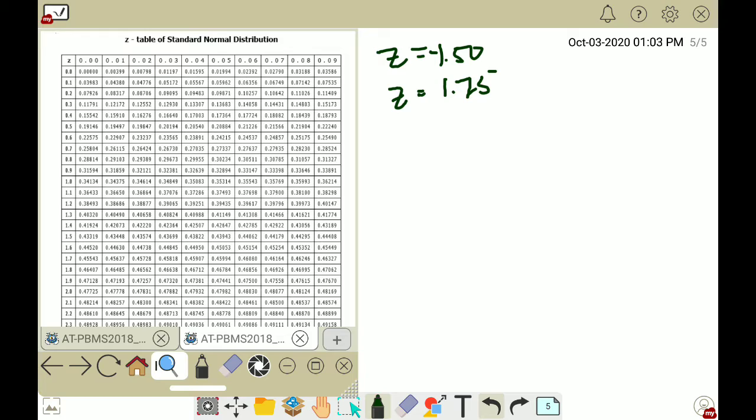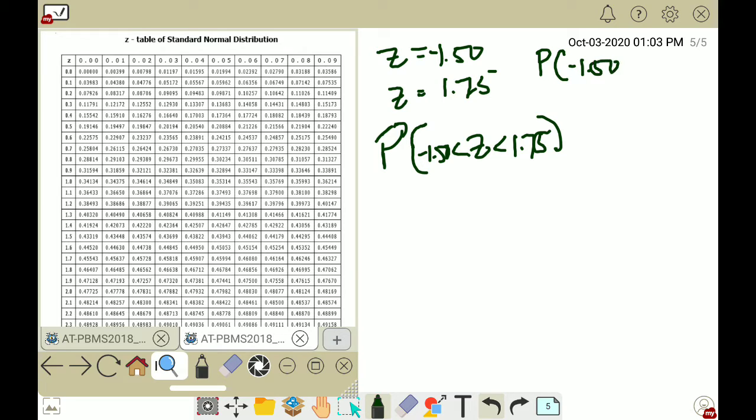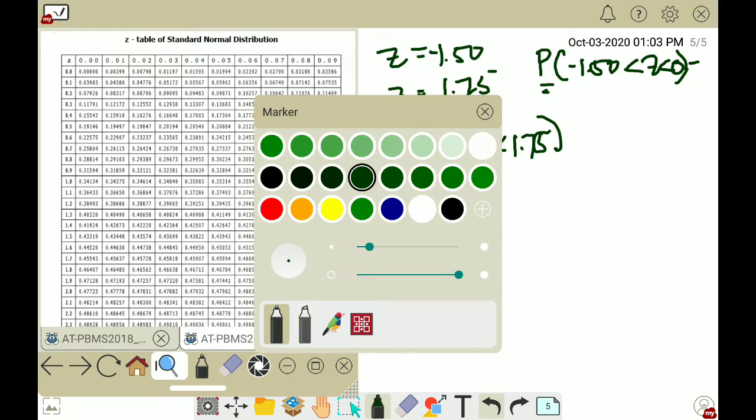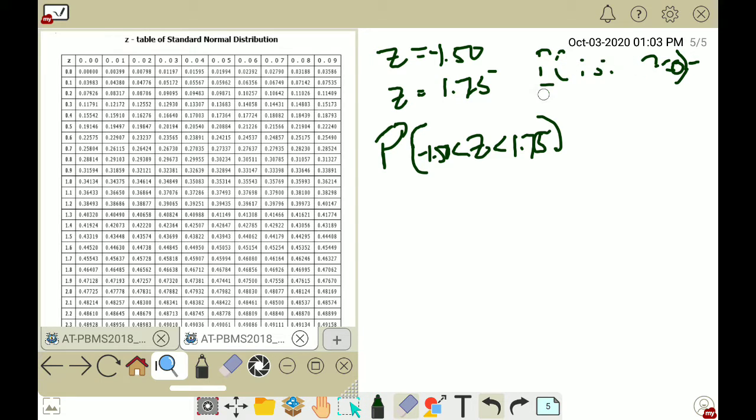So the P of Z between negative 1.50 and 1.75 is given by, first, P of negative 1.50 to the mean plus Z between 0 and 1.75. We are going to indicate first the given.